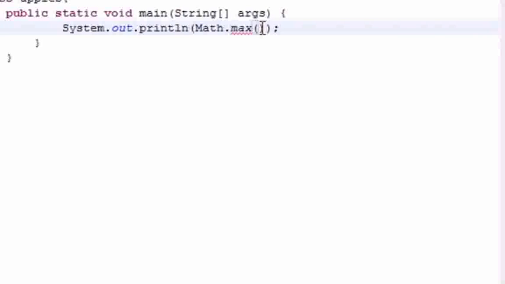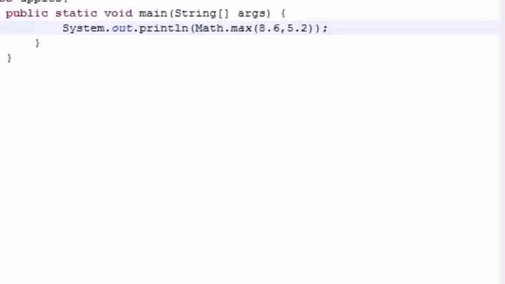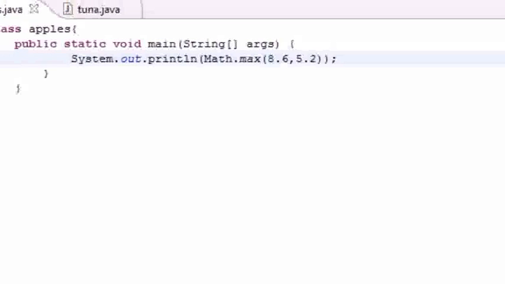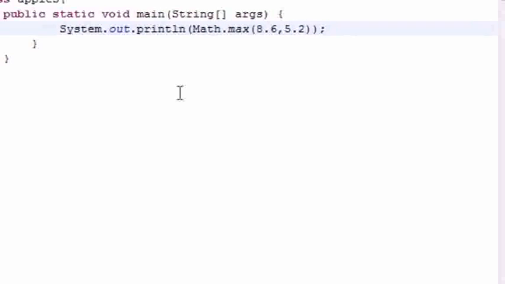So what max does is you give it 2 numbers and it gives you the maximum of those numbers. So say you have 2 parameters, 8.6 and separate them with a comma, and 5.2. Whenever you run this, it gives you 8.6 because that's the maximum of the 2 numbers. So that's how you can get 2 numbers and find the maximum of those.